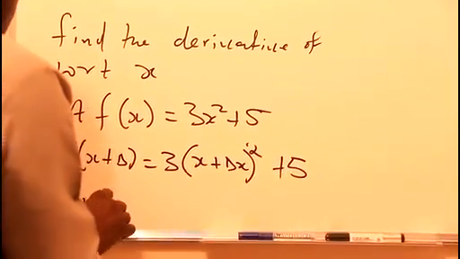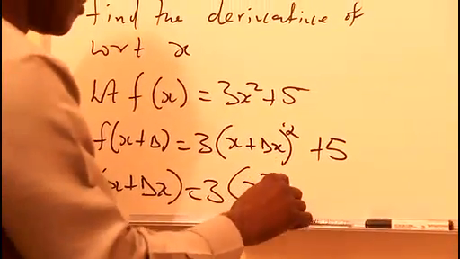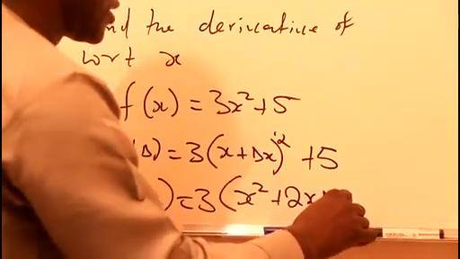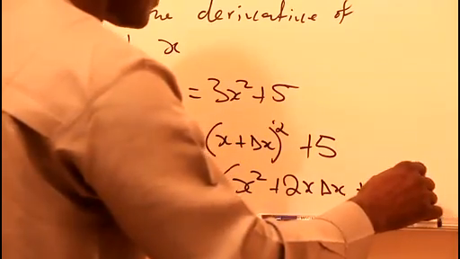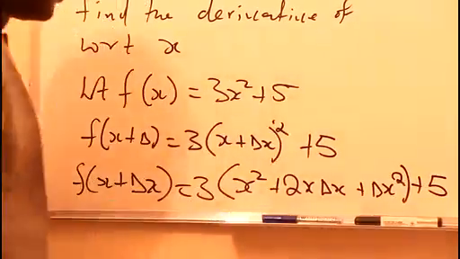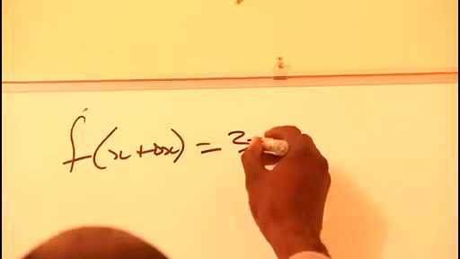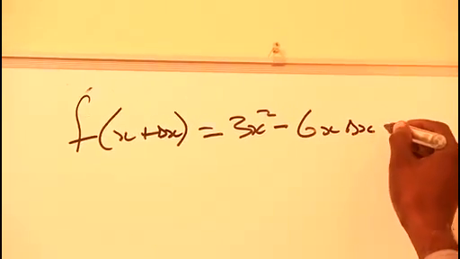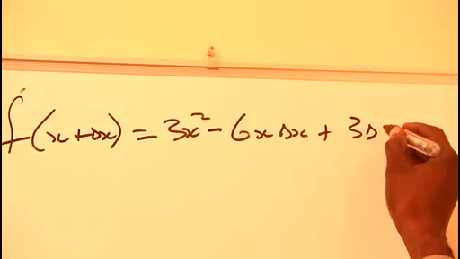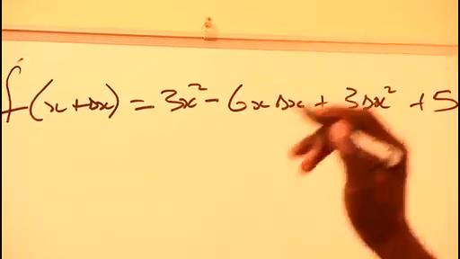Now we'll notice that you can expand this. So f of x plus change in x will be equal to 3 into, when we expand, x squared plus 2x change in x, then plus change in x all squared, plus 5. So if we expand this, we'll be left with 3x squared plus 6x change in x plus 3 change in x all squared, then plus 5.